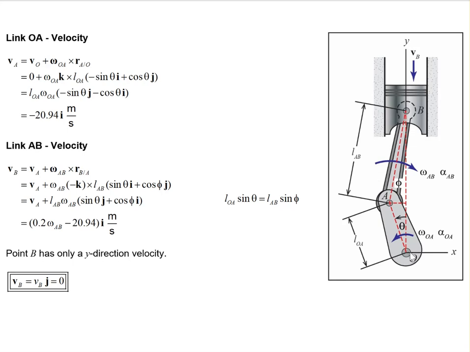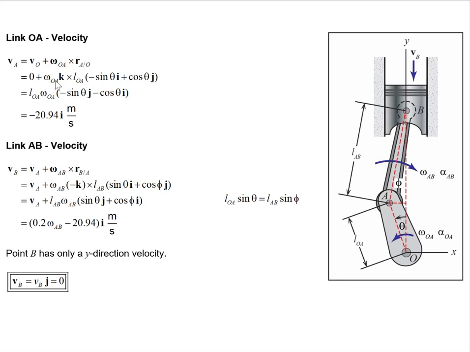Alright, we'll start with link AB, or sorry, OA, like we said, start with a fixed point and go to A. So we have the relative velocity equation right here. Go to A from O, we apply it, so VA equals VO plus omega OA cross r A relative to O. Velocity of O is 0.